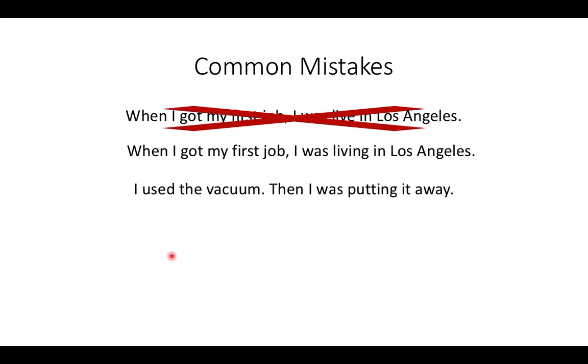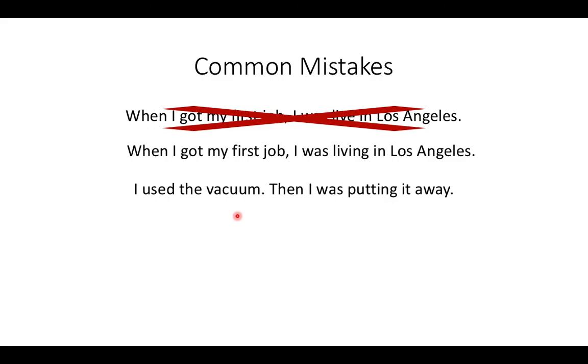This next one is tricky because it is using the past progressive in the correct way. So this one is right grammatically. It's the correct way to say this sentence in English. I used the vacuum, then I was putting it away. This sentence is correct in English. The problem is that it's not the right way to talk about this kind of thing.